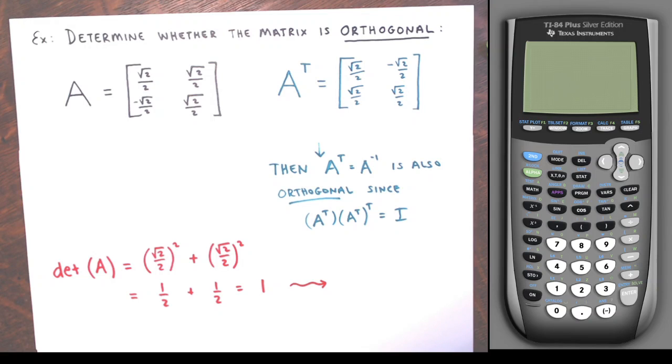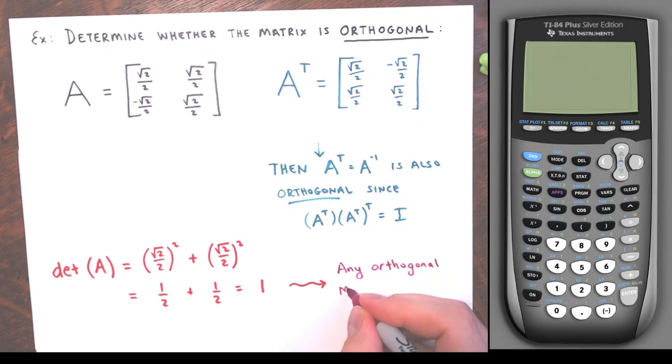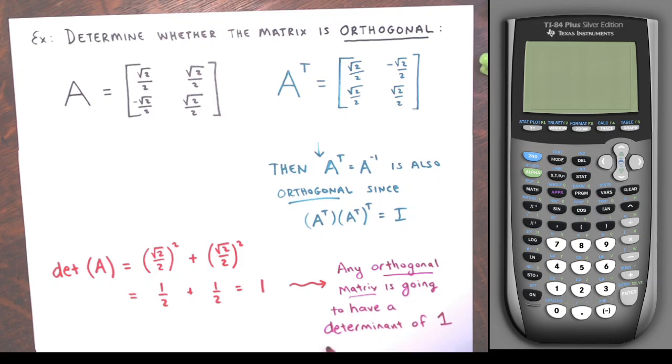Any orthogonal matrix is going to have a determinant of 1 or negative 1.